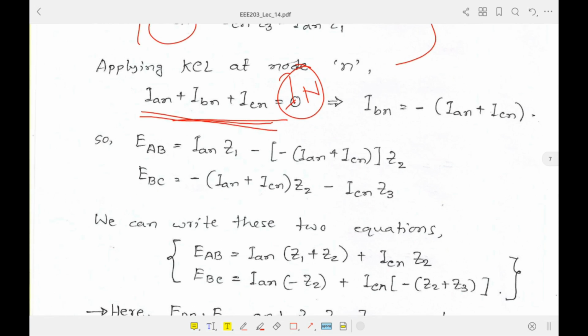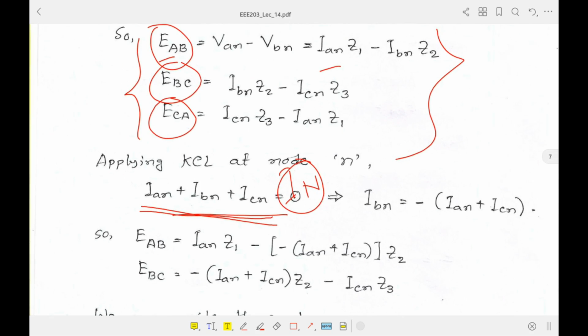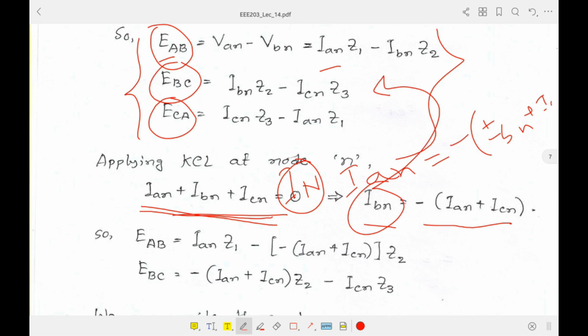Then if you want to determine any value, you can write IBN equals minus IAN plus ICN. And if you want to calculate IAN, you could write IAN equals minus IBN plus ICN. You can write this and then put this value into our previous expressions, just like they are given here.